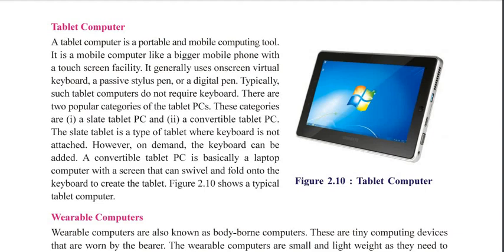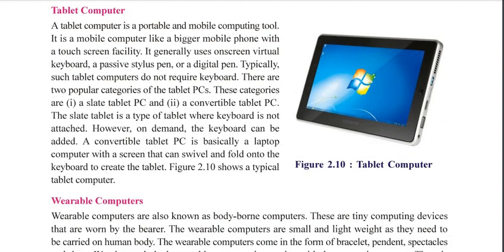A slate tablet has no keyboard, but a convertible tablet PC is basically a laptop computer with a screen that can swivel and fold onto the keyboard to create the tablet. Now in the convertible tablet they have the keyboard for use.